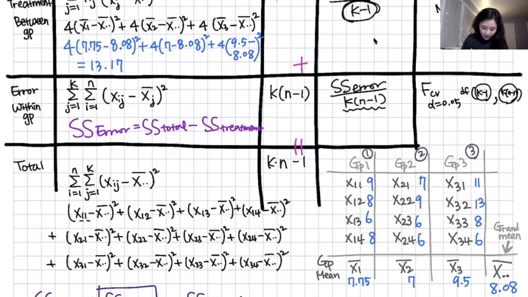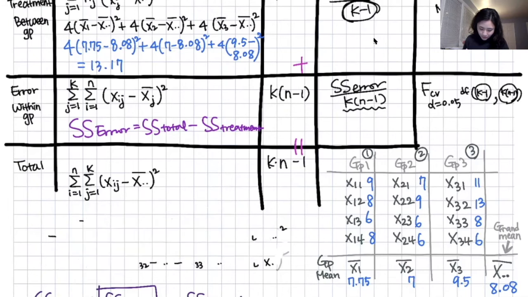So I will erase this part, and then I will write from the first group, first subject: 9 minus 8.08 squared.